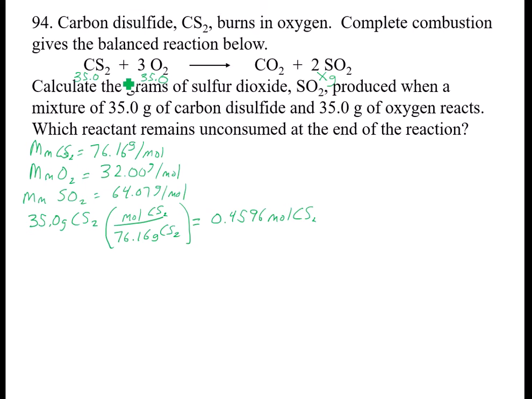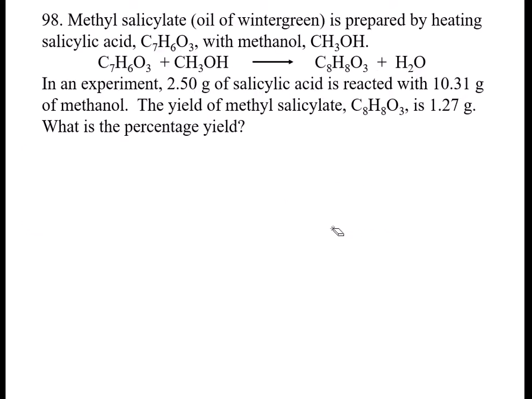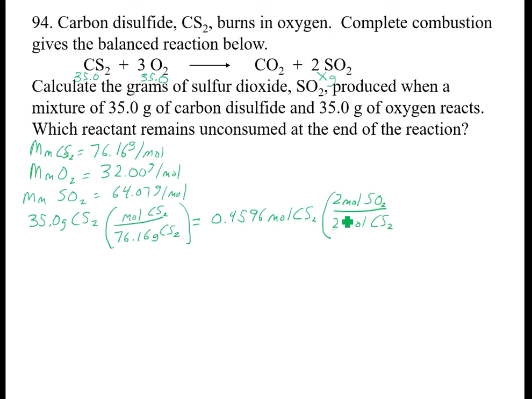Now I need to go to moles of sulfur dioxide. So now it's the mole-to-mole conversion. It's the same 3 steps we did before. The one I want to go to is on top. So I have 2 moles of sulfur dioxide and 1 mole of carbon disulfide, and those are gotten from the coefficient.